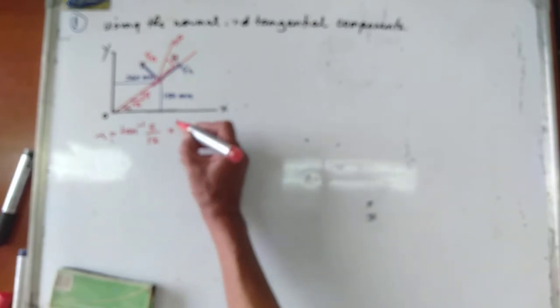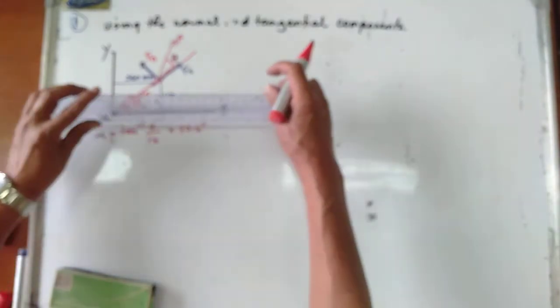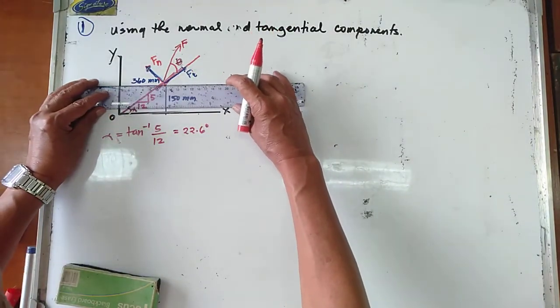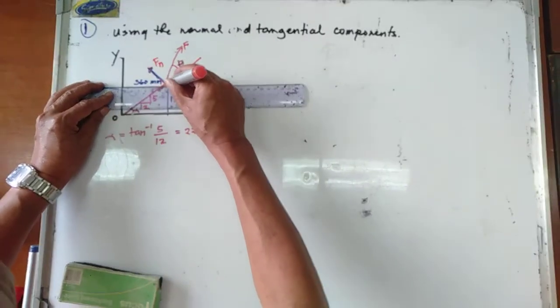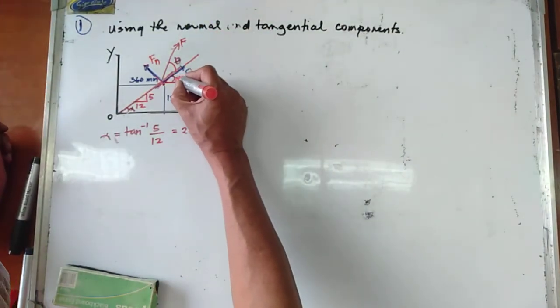So that is equal to 22.6 degrees. Now, I was going to consider if that one is also an alpha. So we have this one in here is also equal to alpha. So this is now your alpha.